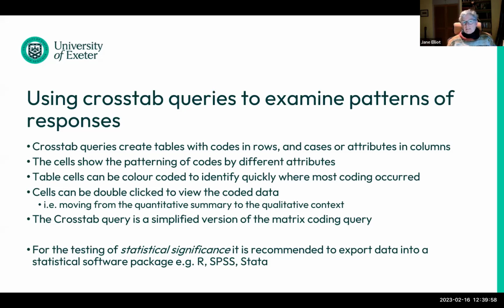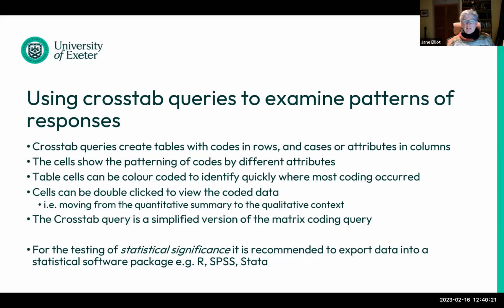And one of the neat things within NVivo is that you can present your data in a number of different ways. If you like color, you can color code the cells in the table to see where most coding occurred. But the other thing that's really neat is you can double click on a cell and you can see the data that's coded into that cell. I'll show you that in just a moment.